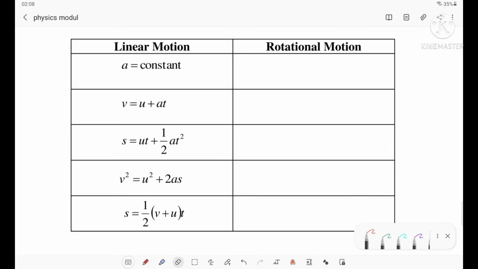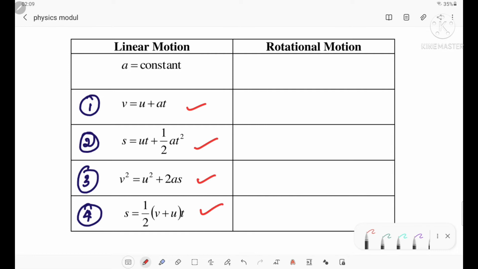Okay, next we have the comparison of equations of linear and rotational motion with a constant acceleration. As you know, we have the four main equations that we have learned before in chapter 2. Now in the comparison between the linear motion and the rotational motion, the angular acceleration alpha is also constant.